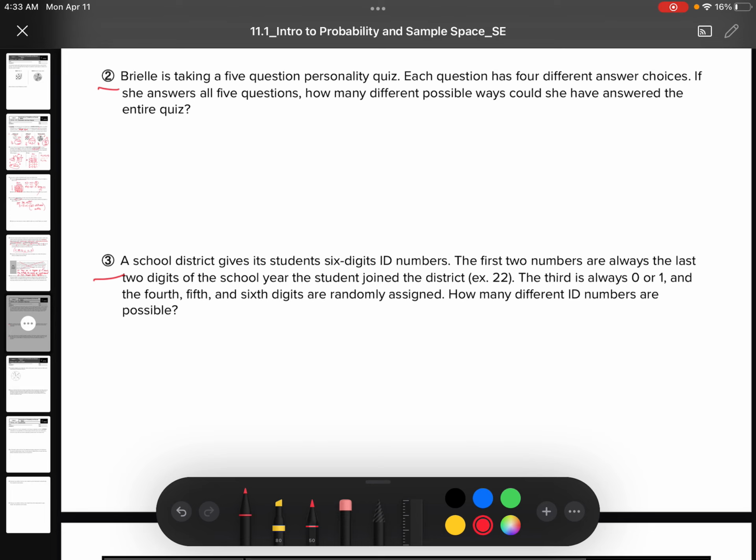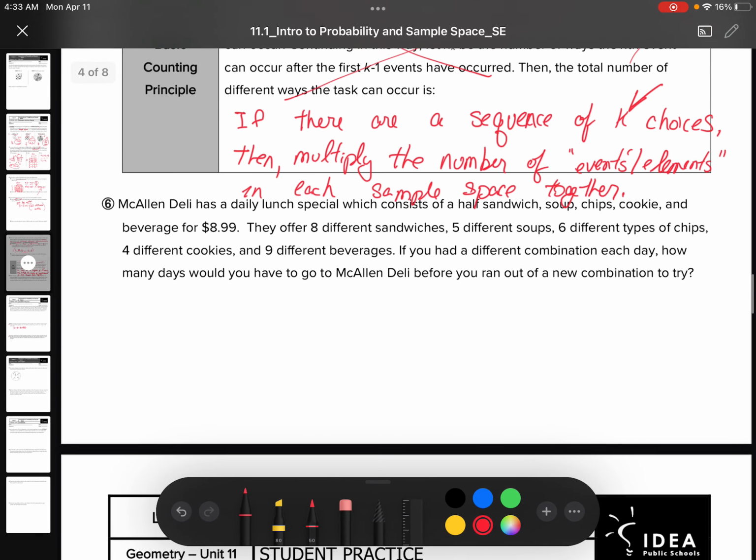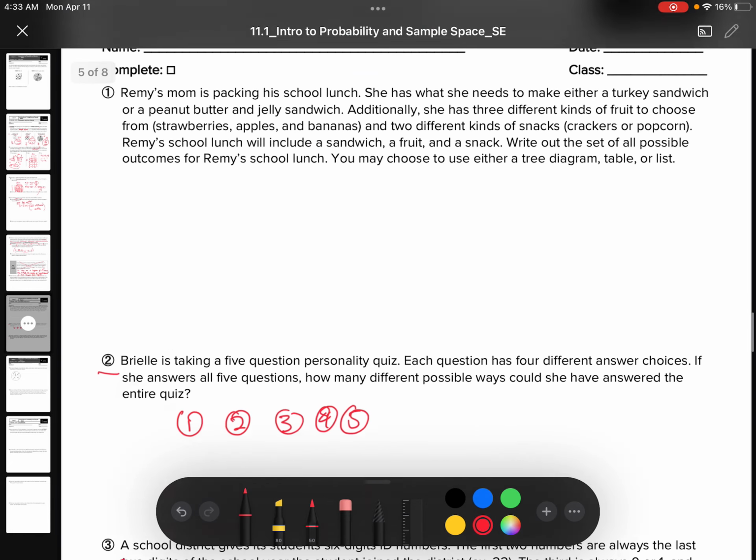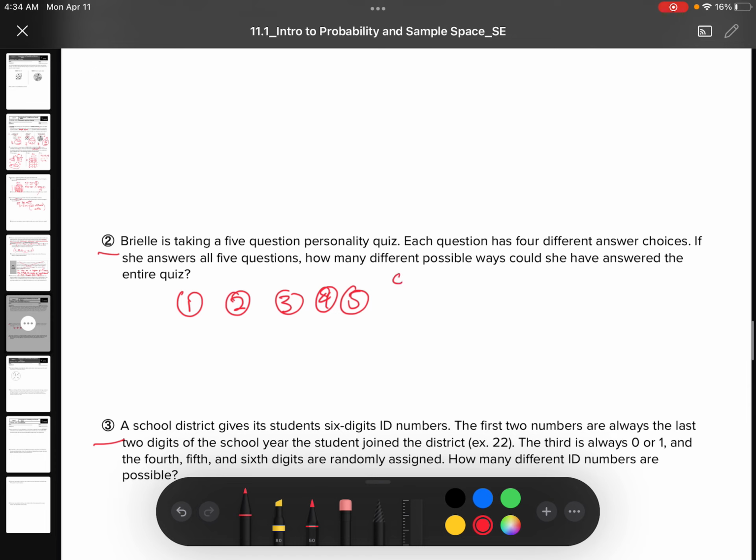Well, there are 5 events that are occurring: 1 question, 2 question, 3 question, 4 question, 5 question.